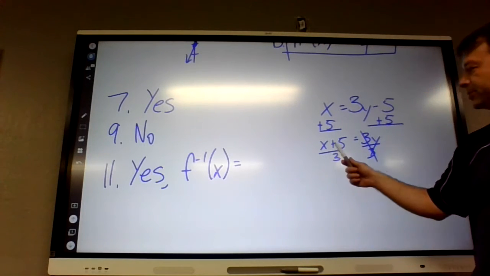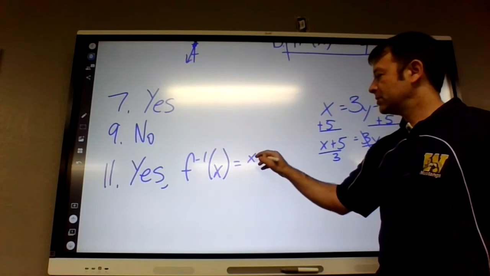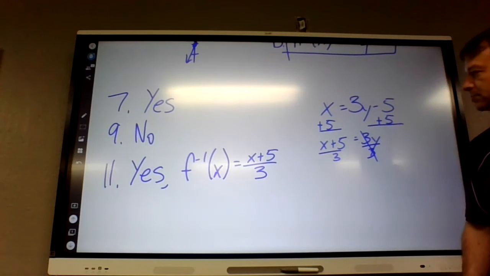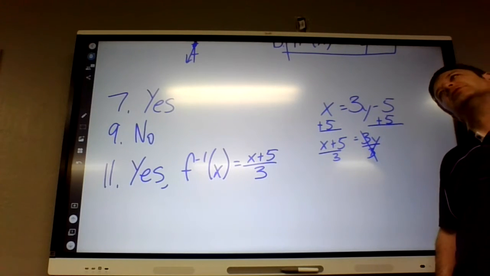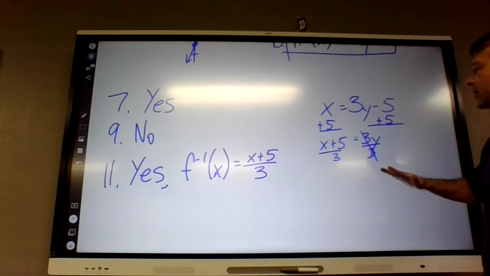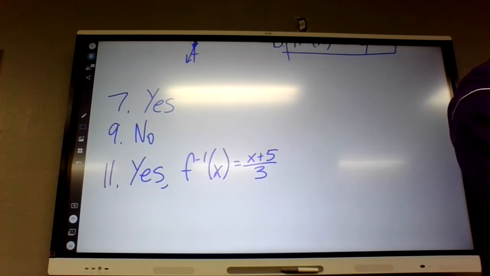So you could say it's 1/3 x plus 5/3, or just x plus 5 over 3. All right. They wanted us to do it both directions, but I think I'm only going to do it one.